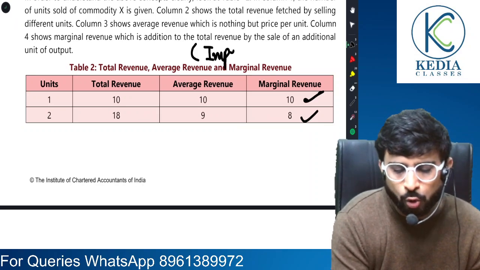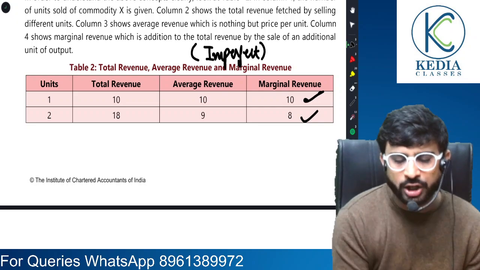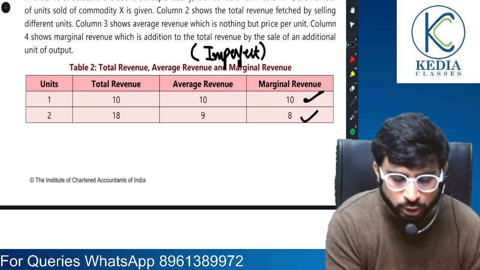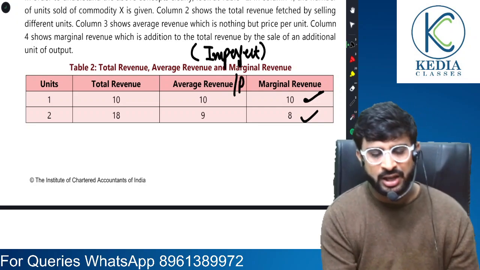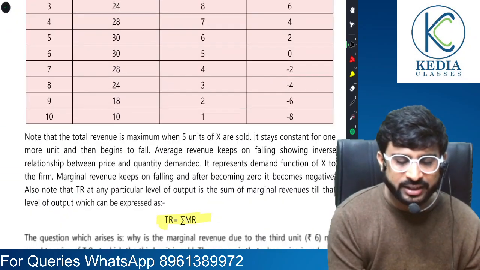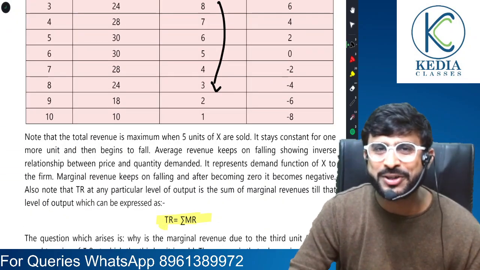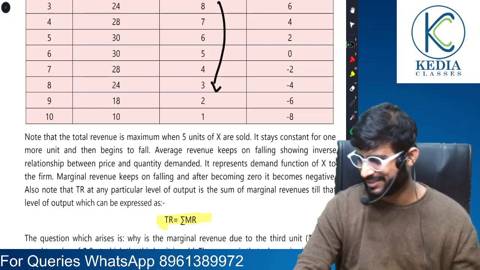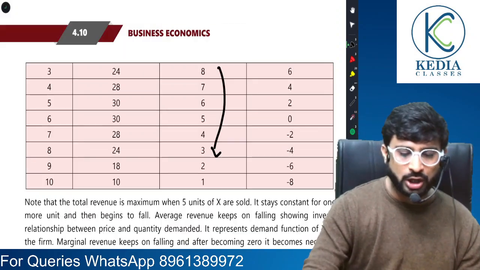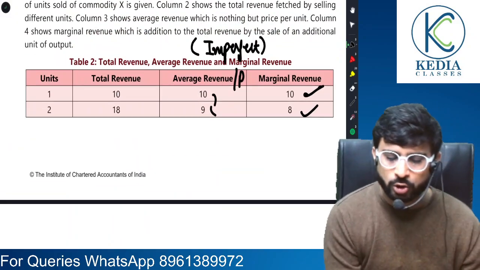But sir, how did you figure this out? Because dear students, average revenue is price, and when price is falling, that can only happen in imperfect competition, because in perfect competition prices remain constant.